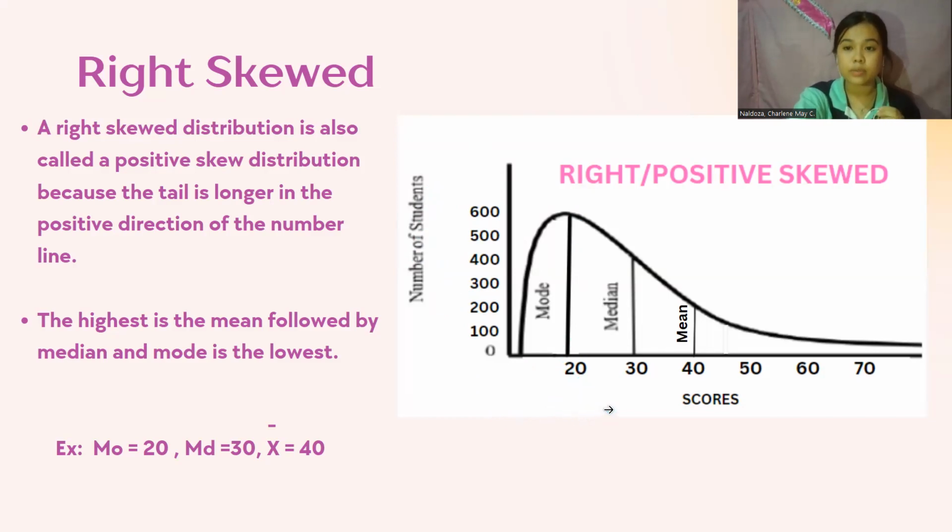And we all know that when we say mode, that is the repeated value. So that's why our mode is 20, followed by the median, that is 30, and the mean is the highest, and that is 40. And that's the only thing that you need to understand in the right skewed, that the highest is the mean, followed by the median, and the mode is the lowest.